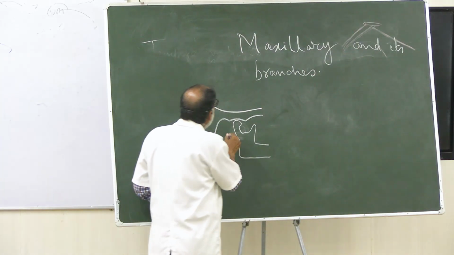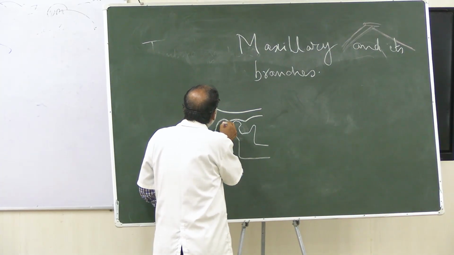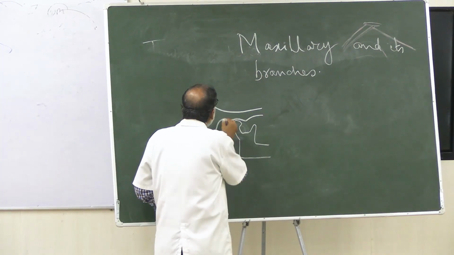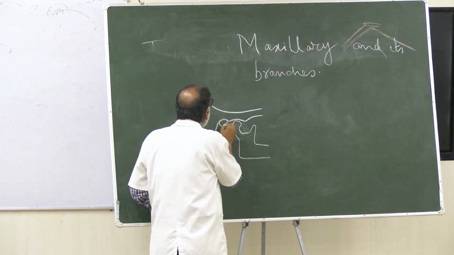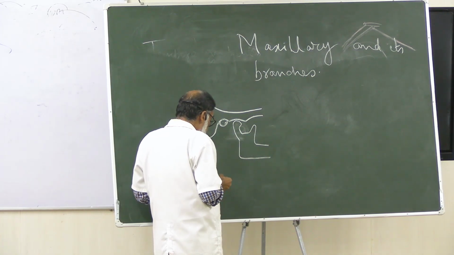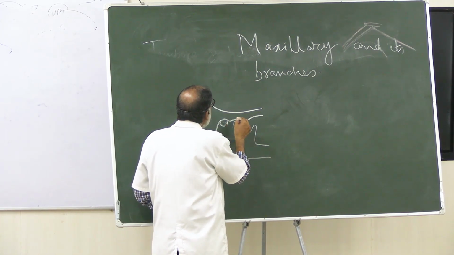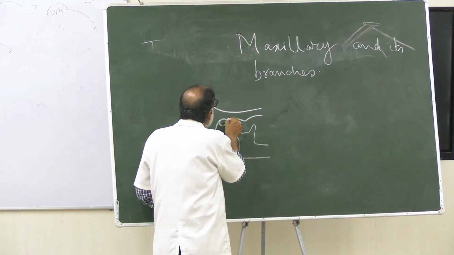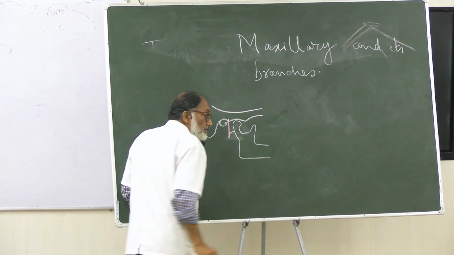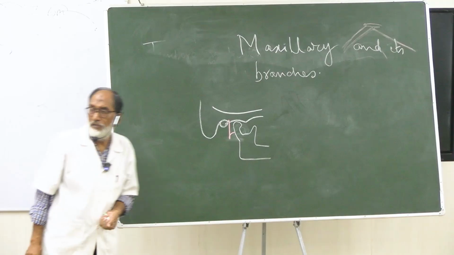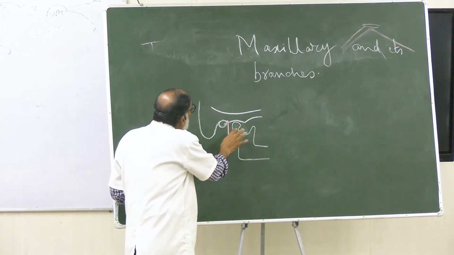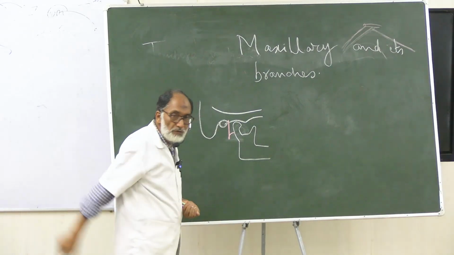Suppose this is the superficial temporal artery, and this is one of the branches of the maxillary artery. It passes deep to the medial aspect of the neck of the mandible, right?